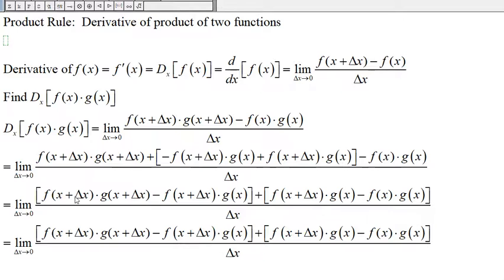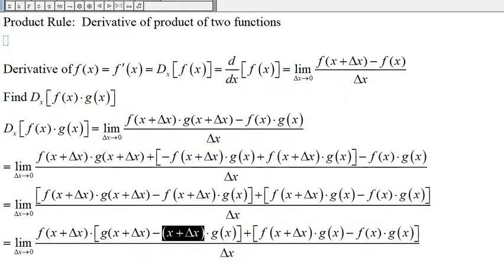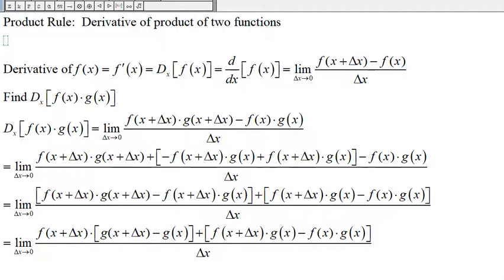If we look at these two terms, the common factor is f of x plus delta x. And so we can pull that out. And then if we look in here, the common factor is g of x. So we have g of x here.